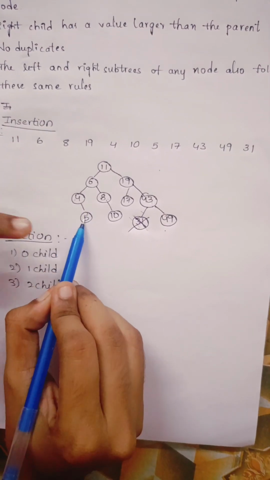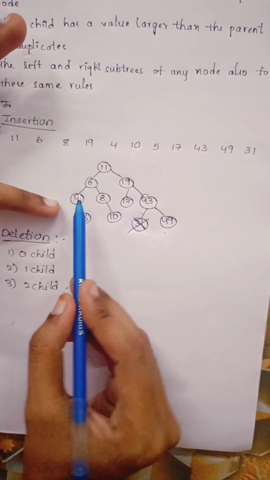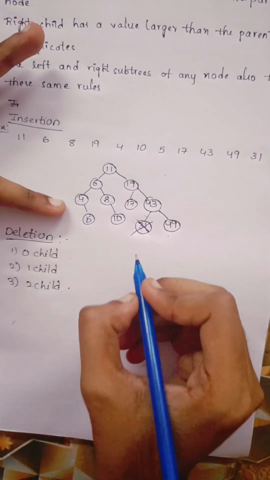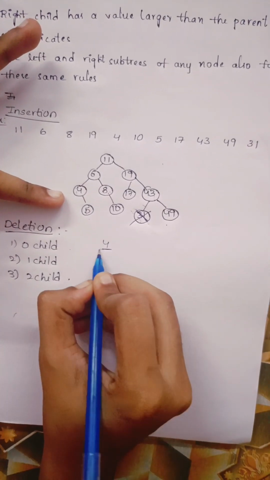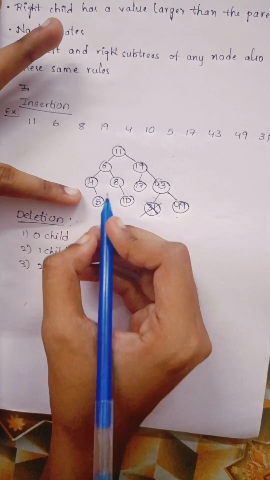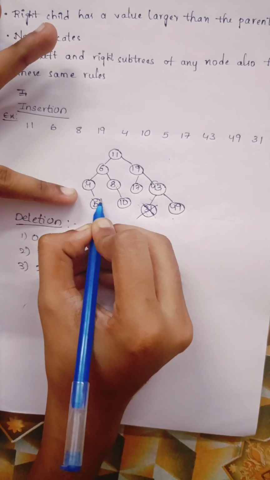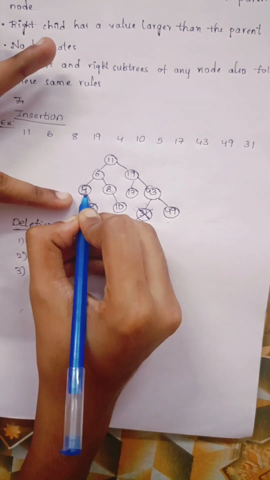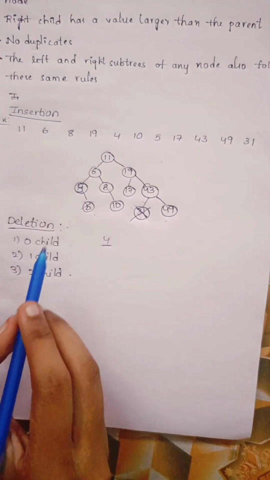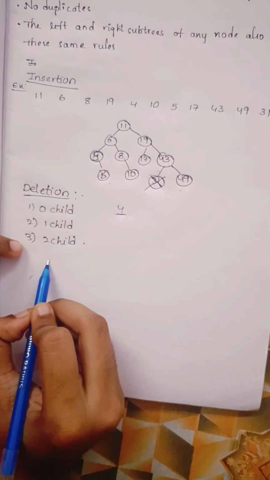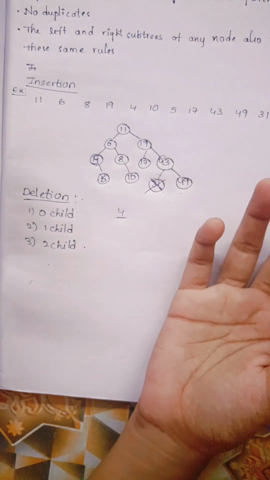Here there is 1 child for 4, that is the right child. So if we want to delete 4, then 5 should replace the position of 4, and 4 is directly eliminated and replaced by 5. Like that we can delete for 0 child and 1 child. And for 2 children we have 2 rules again.